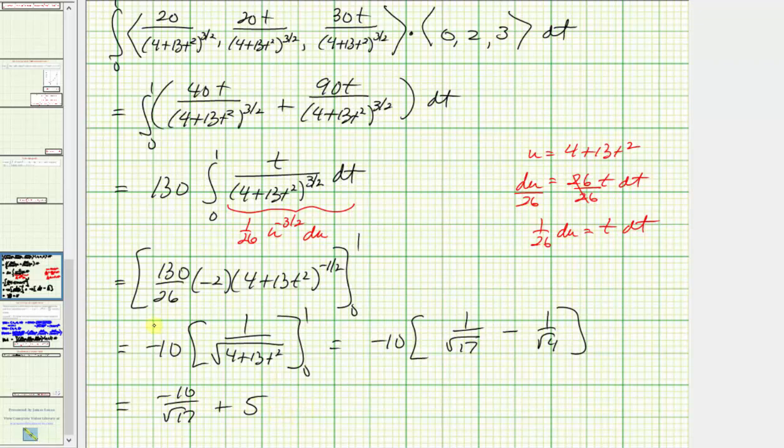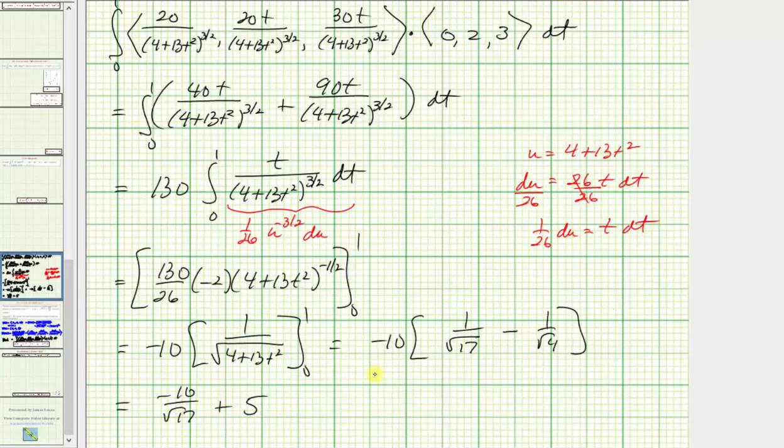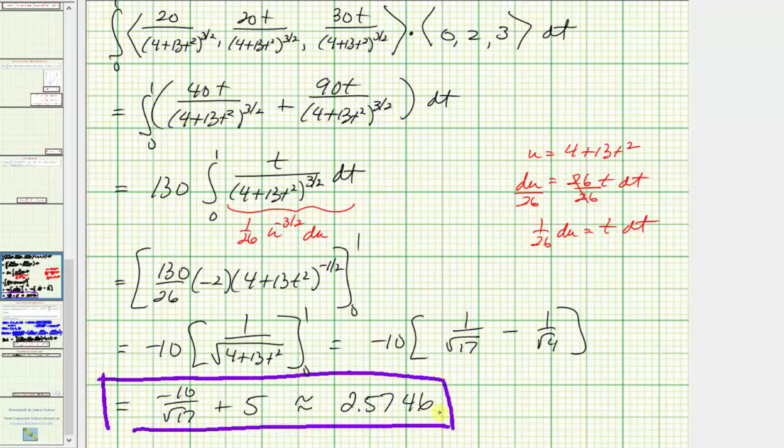So this would be the exact amount of work done as a particle moves along the straight line from this point to this point, or the decimal approximation, this would be approximately 2.5746. I hope you found this helpful.